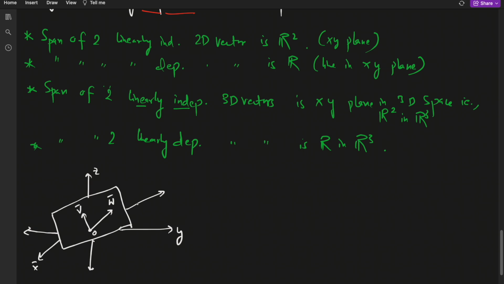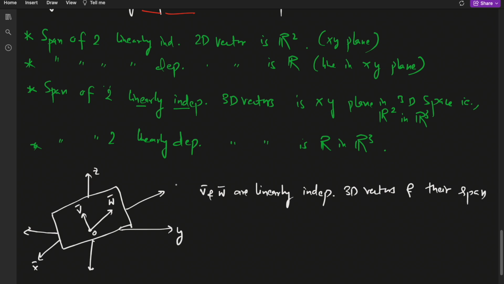All right, so here we can clearly say that the 3D vectors v and w are linearly independent. It's pretty evident from the diagram itself because they are not coinciding. And their span, what is a span?